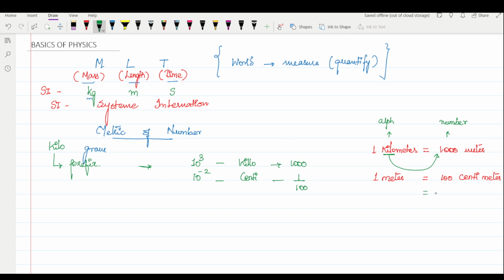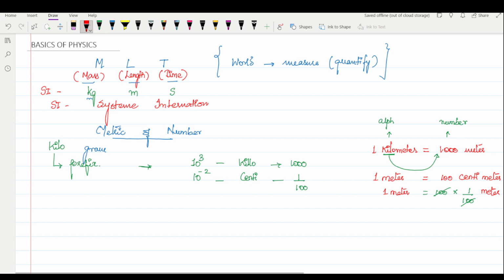Since there is 100 here, if I substitute centi, as we know centi is 1 by 100, the 100s cancel, and what we are getting is nothing but a meter. So 1 meter equals 1 meter. So centi represents 10 to the power of minus 2 or 1 by 100. This is actually the metrics of numbers.